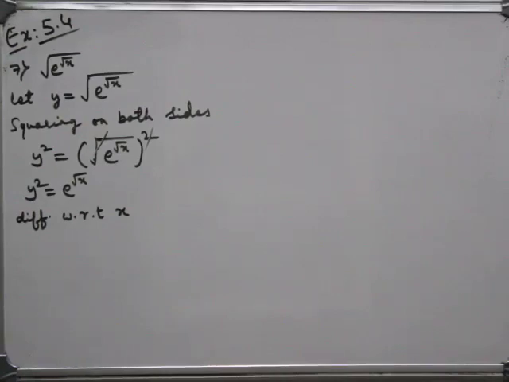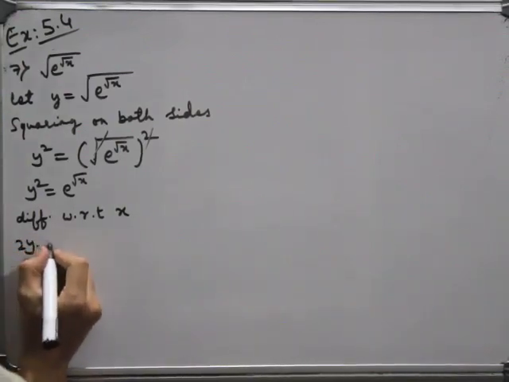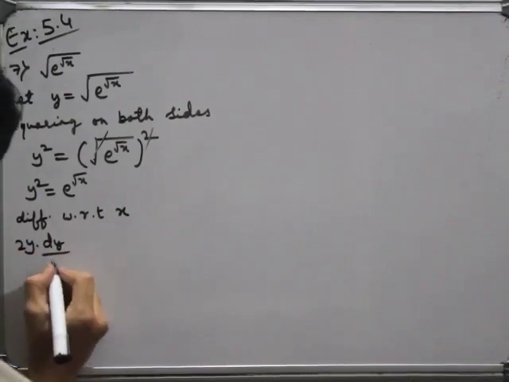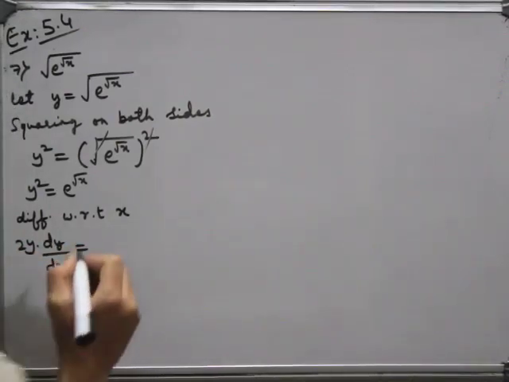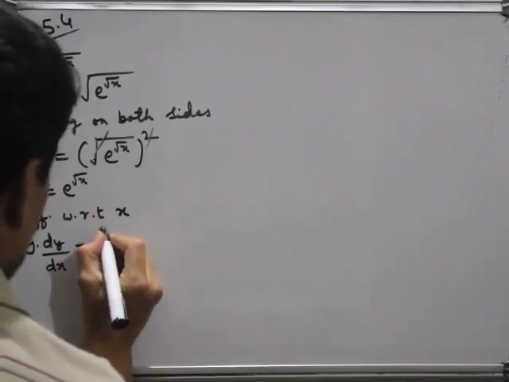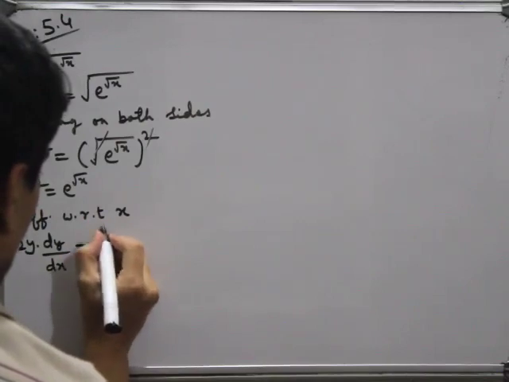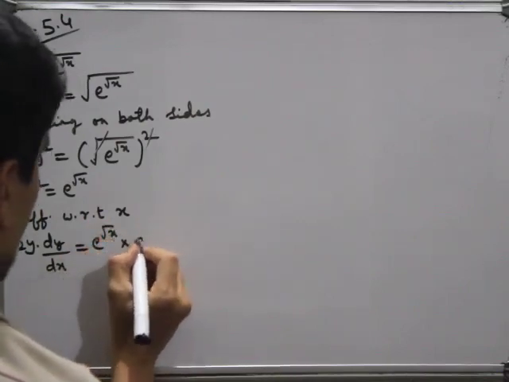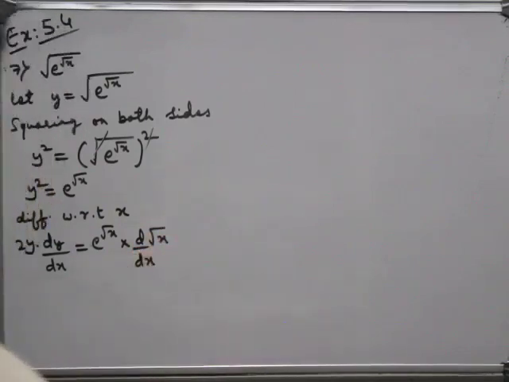Differentiation of y square is 2y into dy by dx, is equal to e to the power of root x into differentiation of root x.